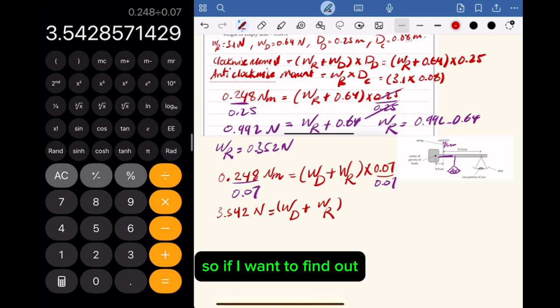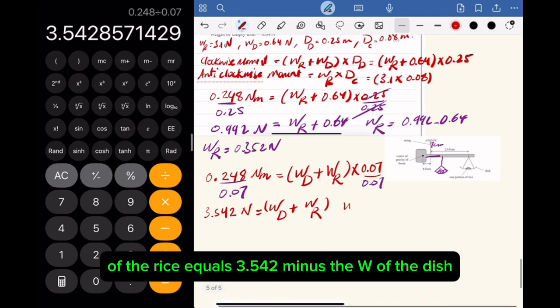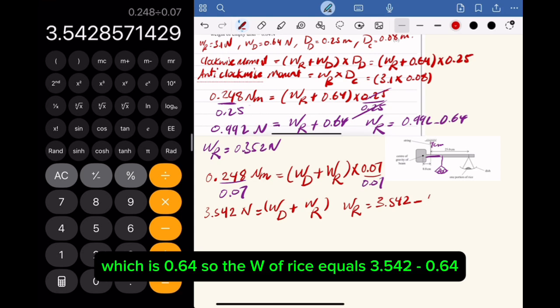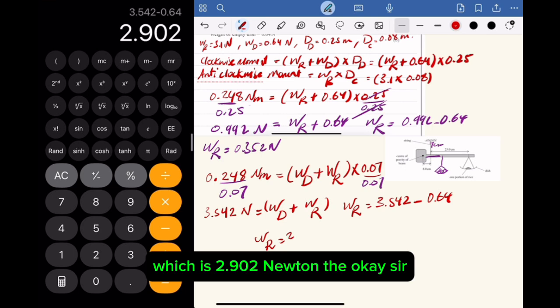If I want to find out the weight of the rice now, the weight of the rice equals 3.542 minus the W of the dish, which is 0.64. So the W of rice equals 3.542 minus 0.64, which is 2.902 Newton.